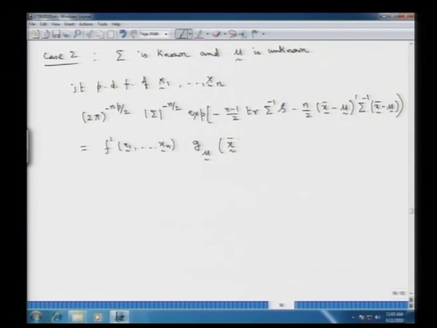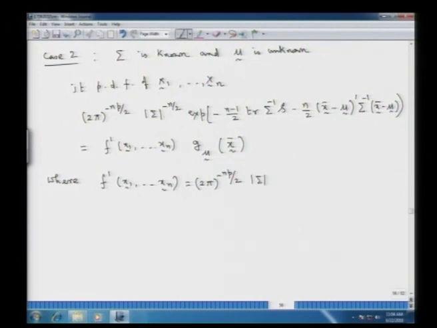Now, we will see that it can be reduced into this particular form where the first function f of x1, x2, xn is a function of x1, x2, xn only. So, that is basically a known function when we have x1, x2, xn given. So, this now takes the form 2 pi to the power minus np by 2. Now, note that sigma is now known to us. We have assumed in case 2 that sigma is known and hence this determinant of sigma is also known to us.